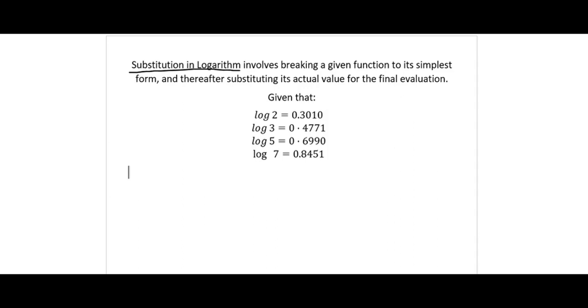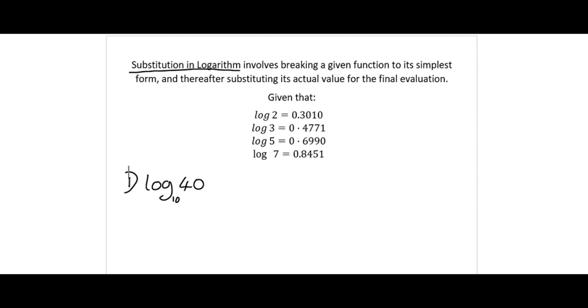I'm going to take us through some examples. First example, example 1: let's find the log of 40. Now take note, when you do not see the base written explicitly, it actually means that the logarithm is in base 10.